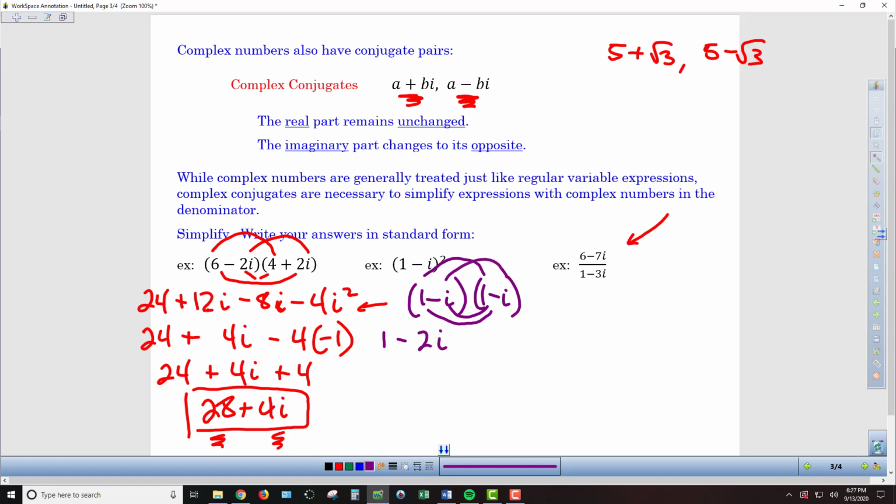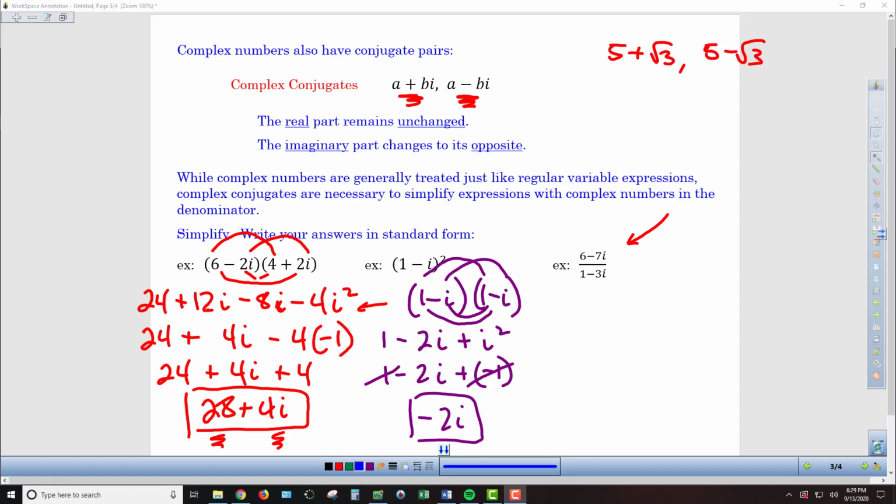And then finally, -i times -i is going to be positive i squared. Now, of course, at this point, the i squared gets switched into -1. So now we've got 1 plus -1, those cancel each other out. And so the result of squaring 1 minus i is just -2i.